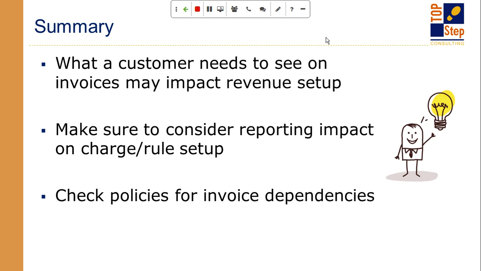And finally, make sure you check policies for your invoice dependencies. So how you're recognizing the revenue will drive also how you need to set up the billing rules in the system. So there's internal dependencies, and then there's external and customer visibility dependencies that really can drive the way that you set up the rules and the way that you set up charge stages in the system.